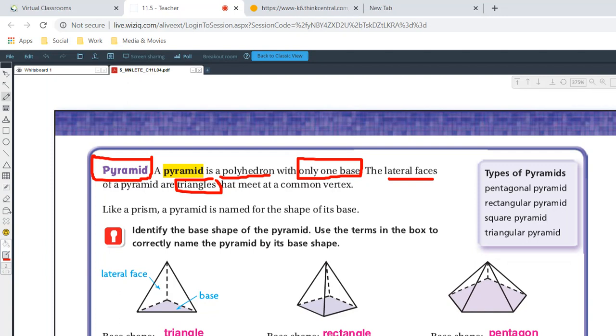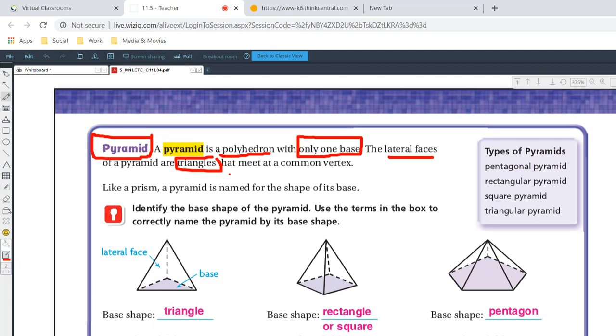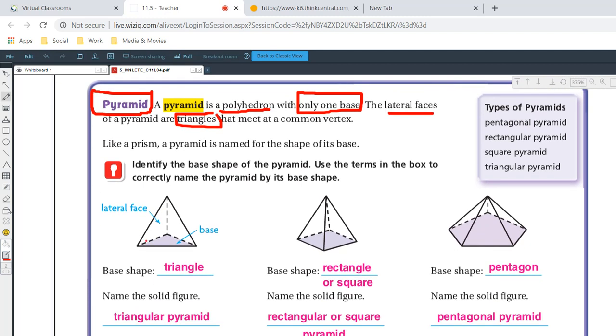So we have 2 differences here. The faces of a prism are the 2 bases and the lateral faces, which are rectangles. But a pyramid has only one base and the lateral faces are triangles. Those are the 2 differences between pyramid and prism. Now here are some examples.